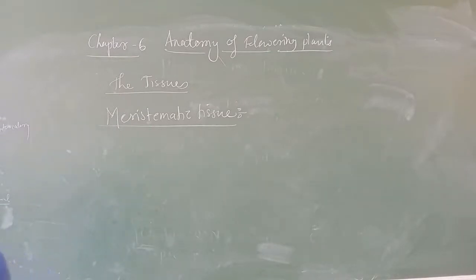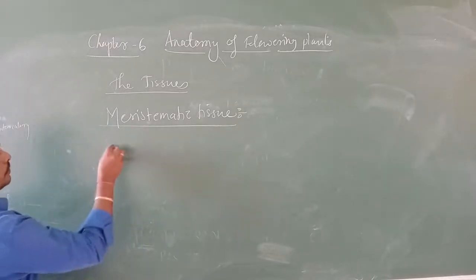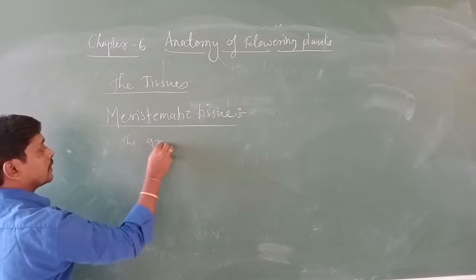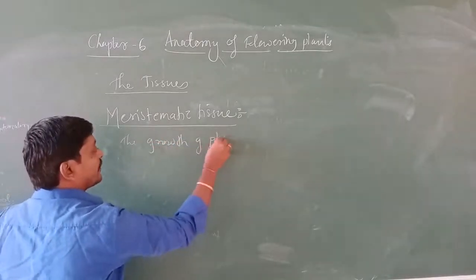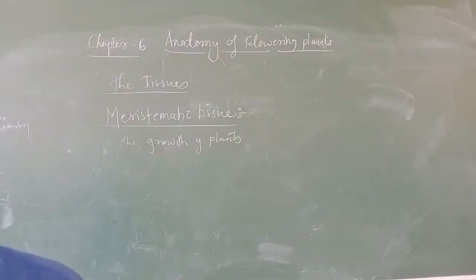What is going to happen? The growth in a plant is largely restricted to specialized regions of actively dividing cells, called meristems. Meristematic in the sense, the growth of plants is restricted to specialized regions.